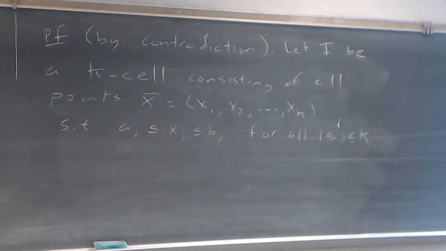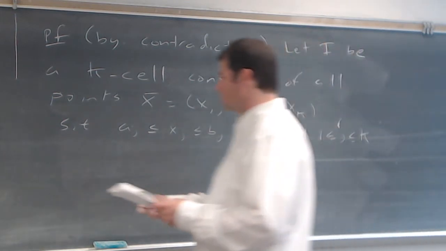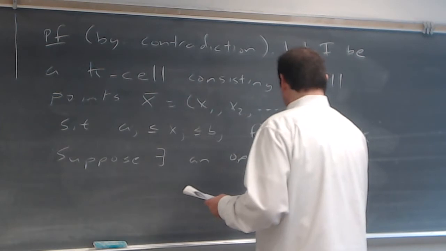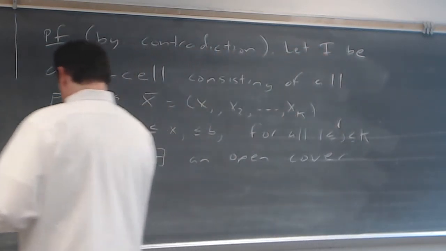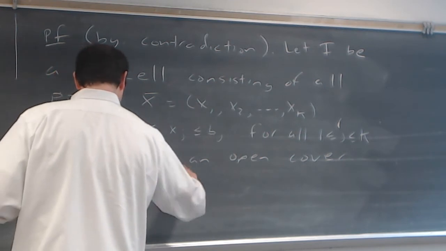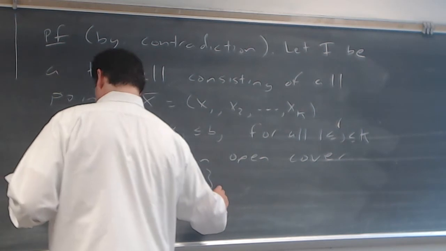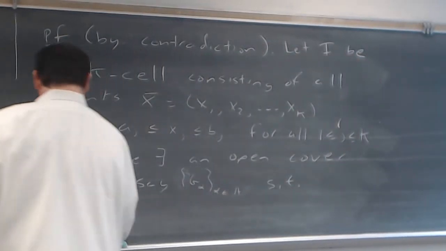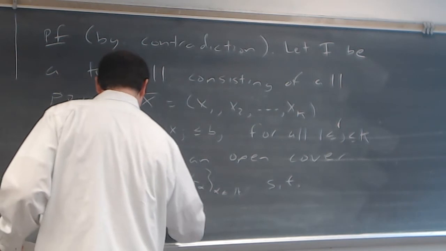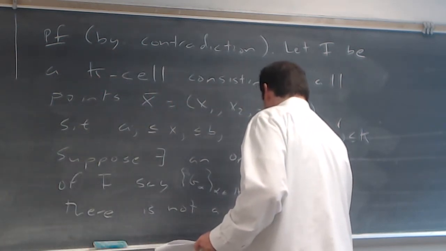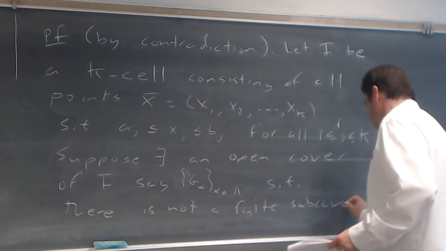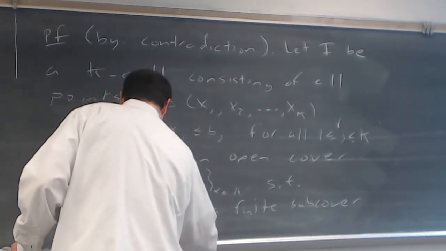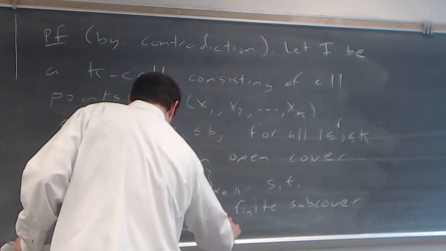So we're trying to show that this I is compact. So what we're going to do, we're trying to do this by contradiction, is suppose there exists an open cover of I, say a collection of G sub alphas, alpha an element of A, such that there is not a finite subcover of I from this collection of G sub alphas.